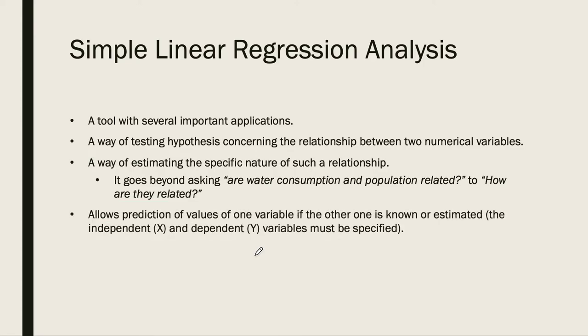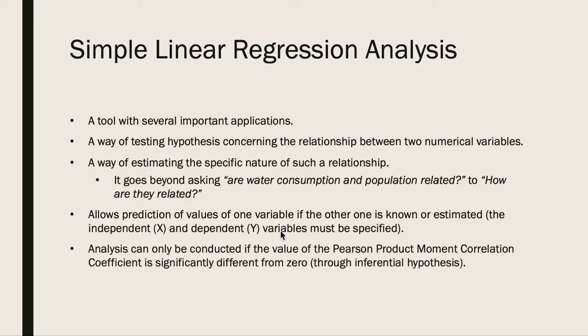It allows prediction of values. Since we know how they are related, we can predict values of one variable if the other one is known or estimated. The independent variable, which we call x, and the dependent variable y must be specified.